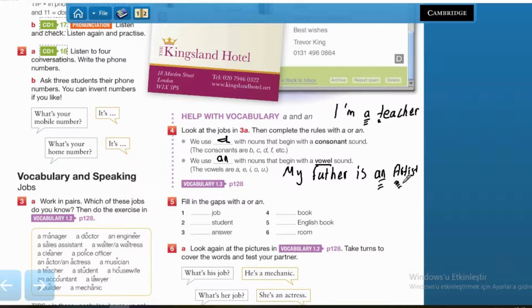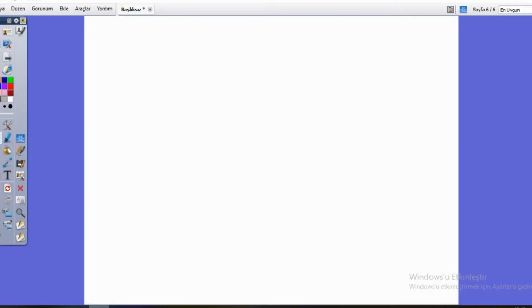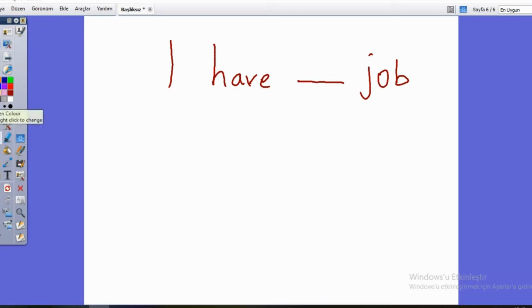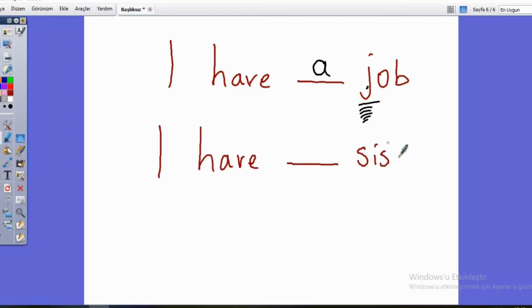So let's do exercise number 5. Fill in the gaps with a or an. Job. A job. For example, I have a job. The noun starts with a consonant sound, so we use a. I have a sister. Again, starts with a consonant sound, so we use a.